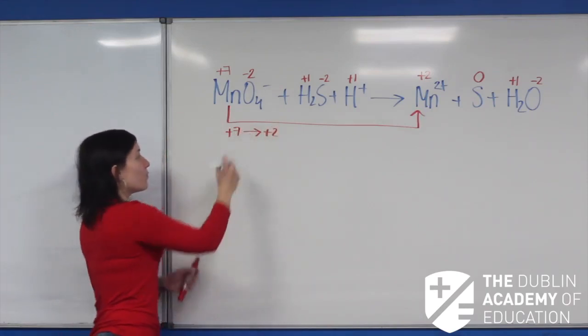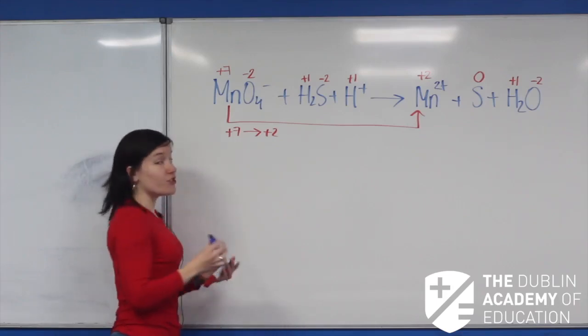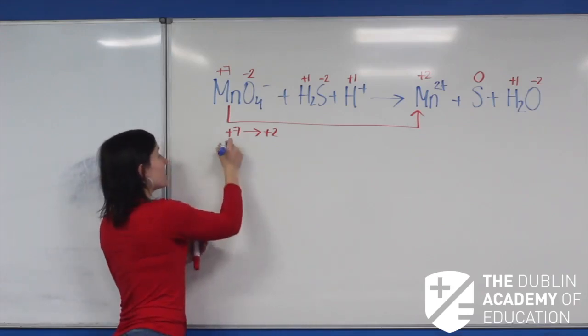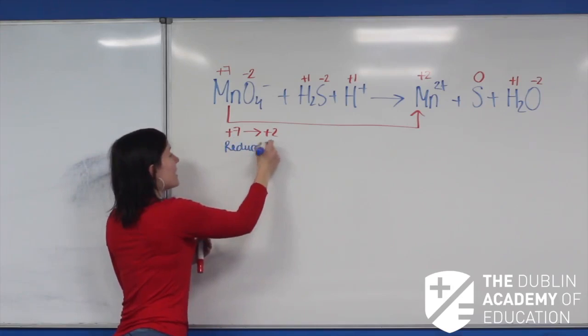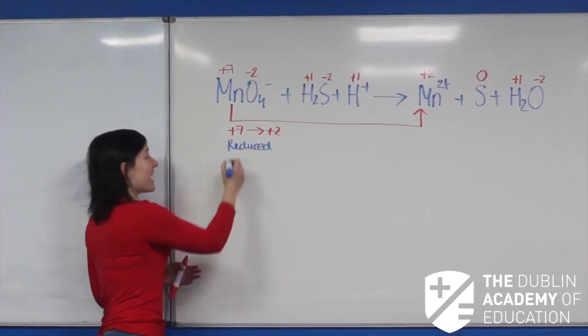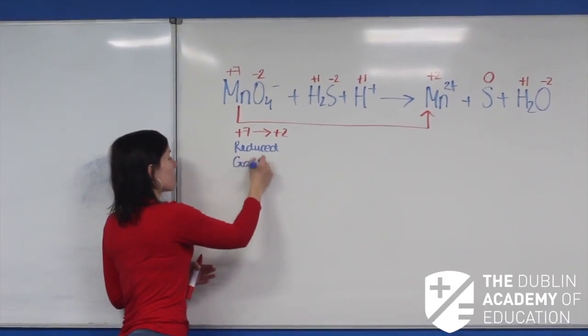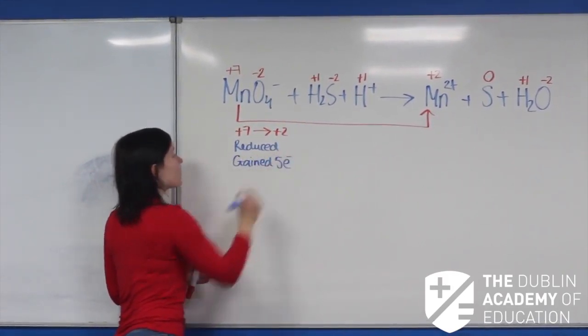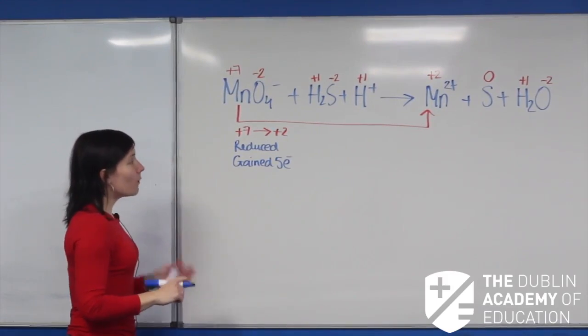Therefore, this has been reduced. It has gained electrons. To go from +7 to +2, we know that it has gained 5 electrons. 5 electrons gained. Now, what else has changed?